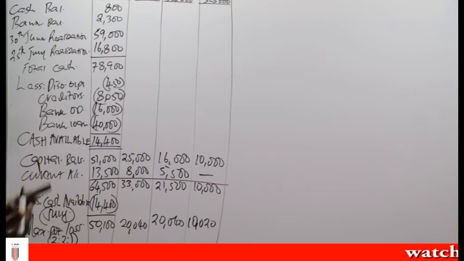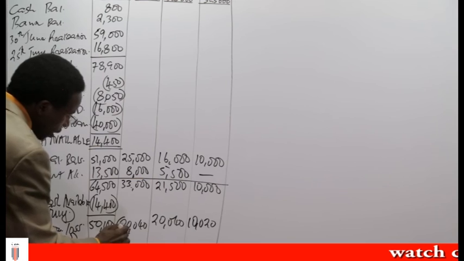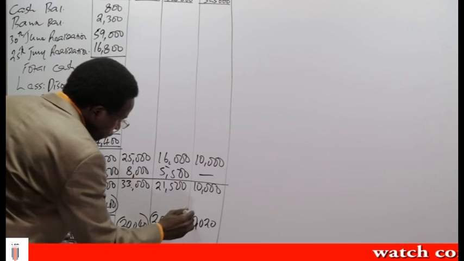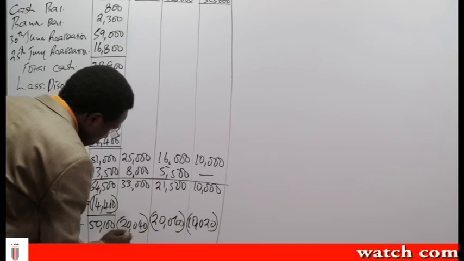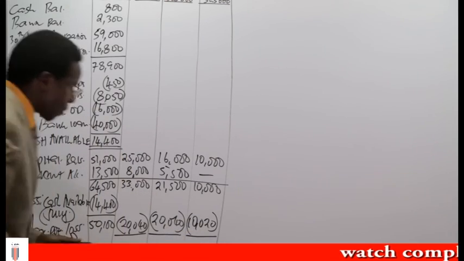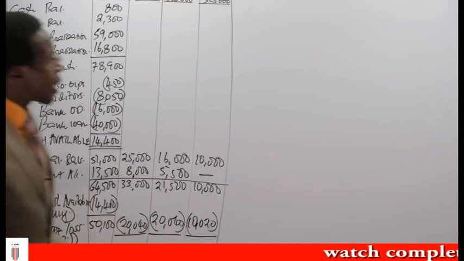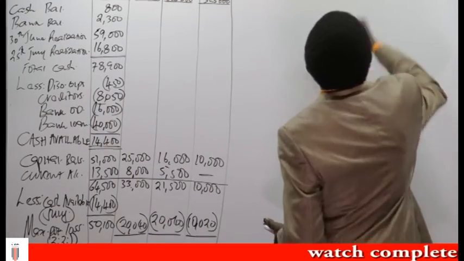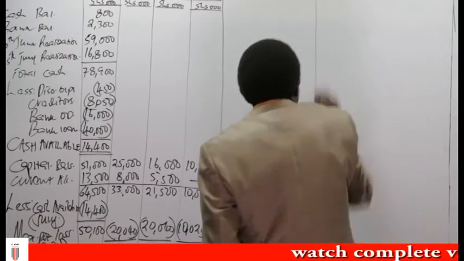Now, after we have shared that, we now subtract it. Because of space, I have to go to the next page. Now, I'll come to this page and say, I'll apportion it still the same way.